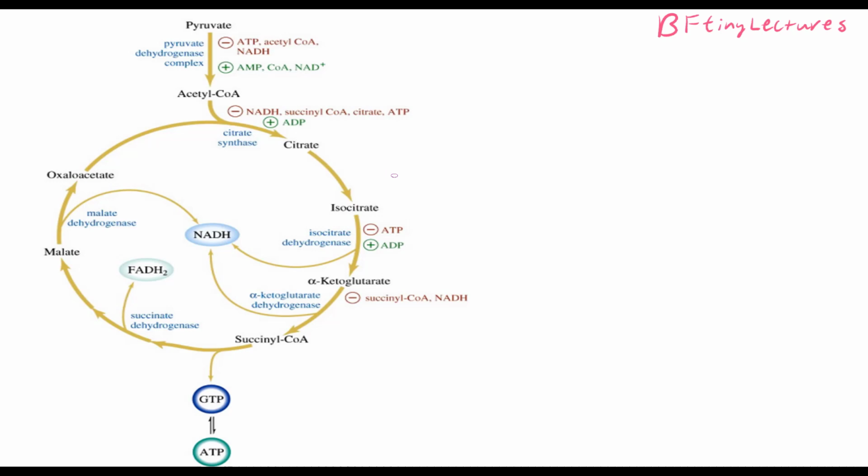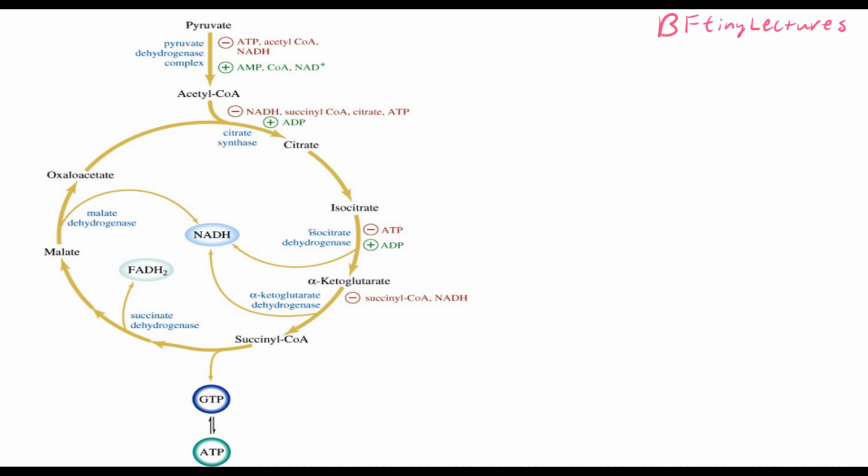Glycolysis produced pyruvate. Pyruvate enters the mitochondria, is transported into the matrix via translocase protein, and then it's converted into acetyl coenzyme A via pyruvate dehydrogenase. And now we will be talking about what happens to acetyl coenzyme A inside the citric acid cycle.